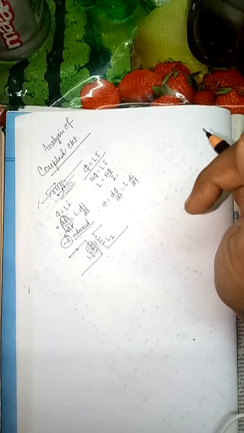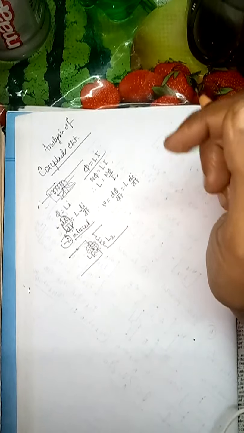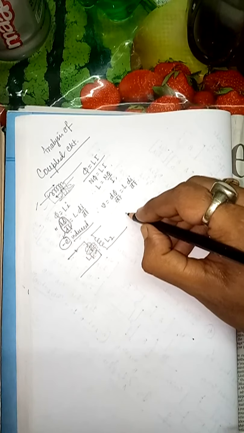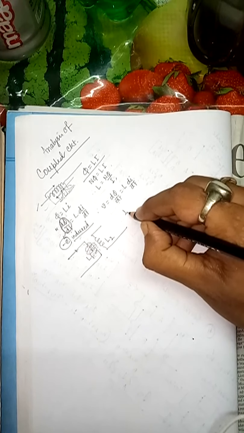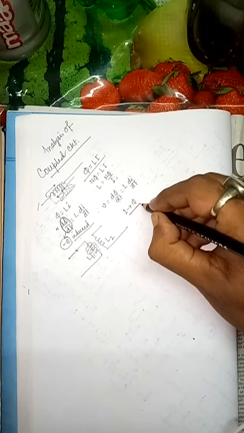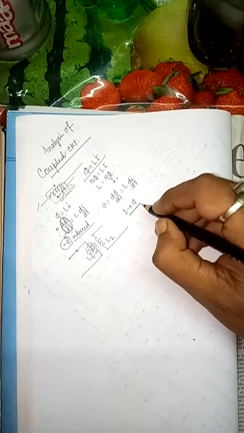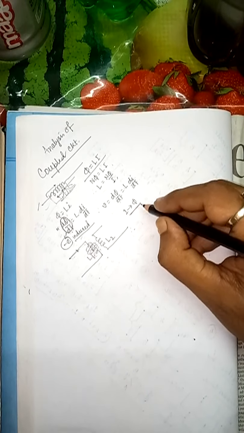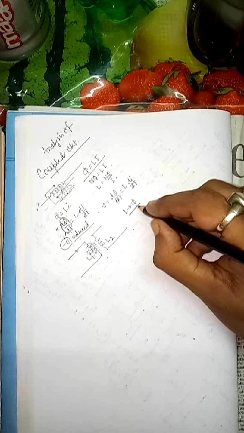But here in the magnetic circuit, the total current I is replaced with the flux. So what is the basic definition of phi? Phi is a flux.